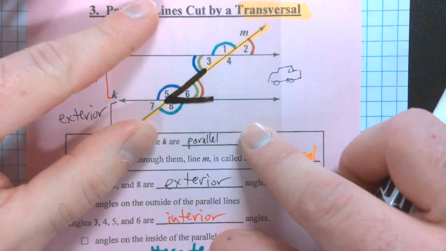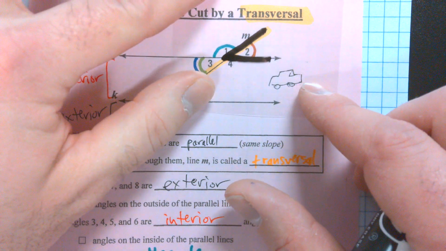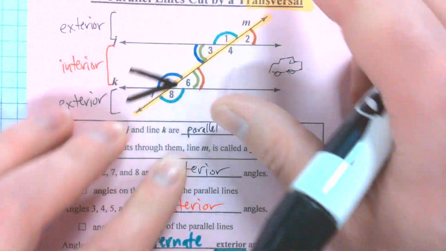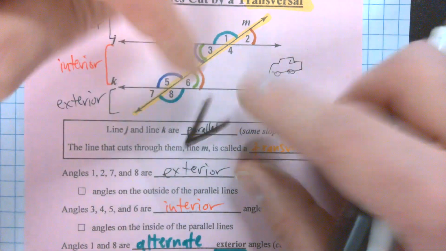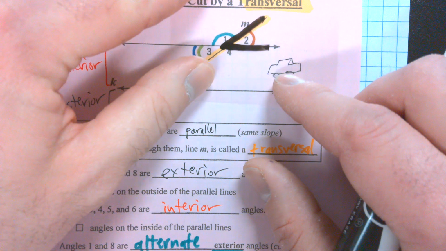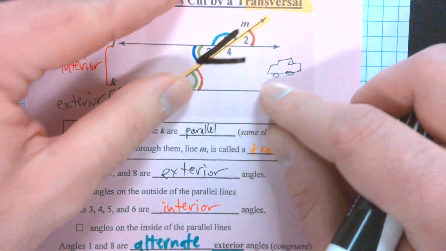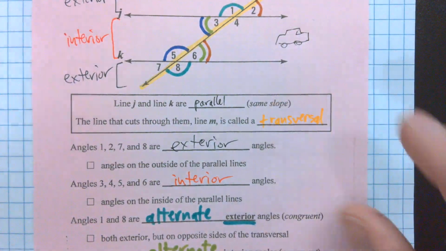So if I take my angle 6 and I slide it along that transversal, boom, I hit angle 2. I didn't have to turn it around or flip it or anything like that. All I did was translate angle 6 all the way up to angle 2. One on the interior, one on the exterior, but they're on the same side.